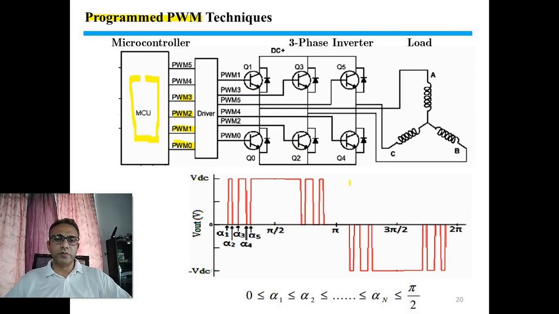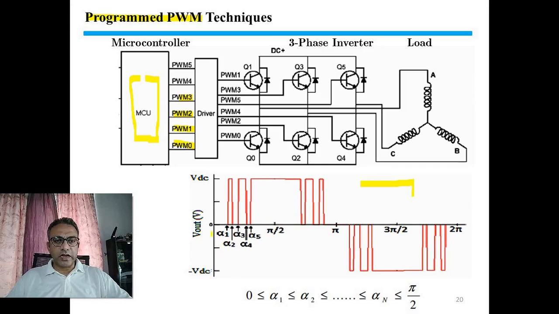And the result will be that the output will be a PWM. So we don't need any comparator, we don't need any analog circuit to turn on or off the 6 power electronic switches. Okay.